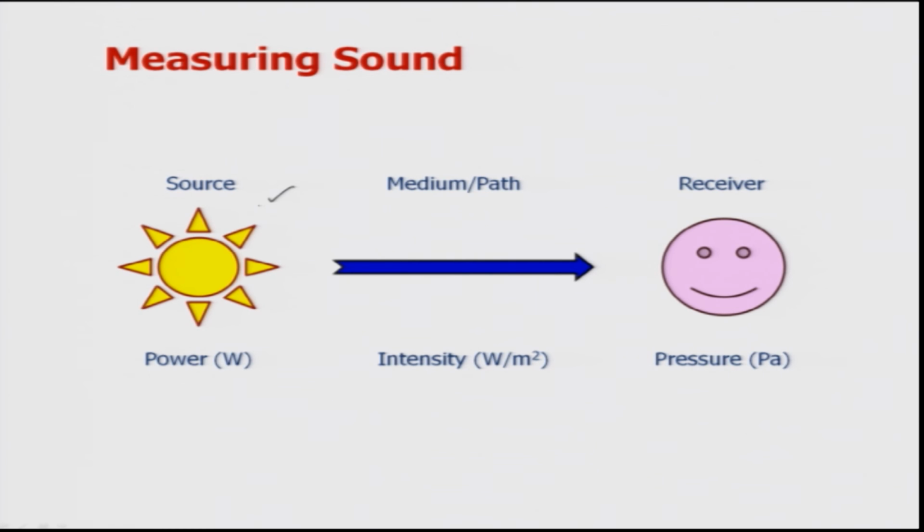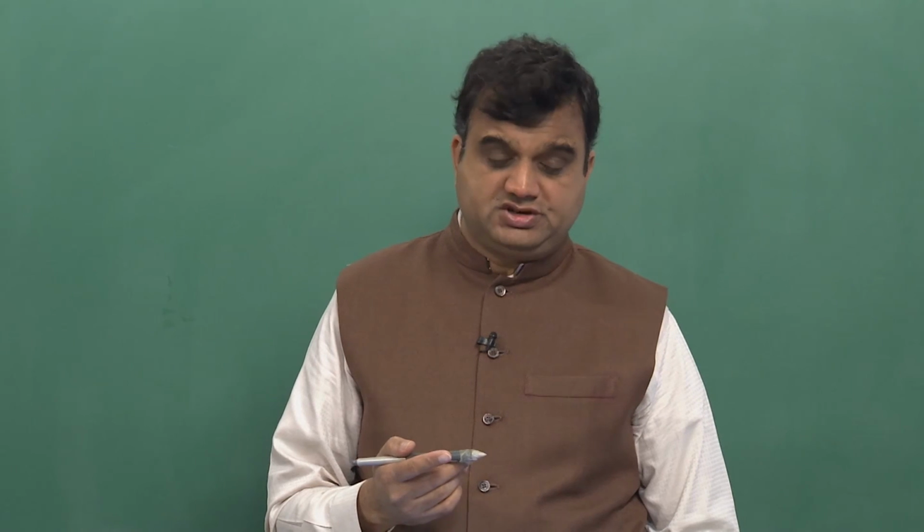So, there is a source which is point A, and then there is a receiver which is point B. Sound is travelling from point A to point B, and then at the receiver end it gets listened to or recorded either by a human or an animal or a microphone or some device. So, we have a source, we have a medium and a path through which sound propagates, and then there is a receiver. Based on this, there are 3 ways in which we can measure sound.